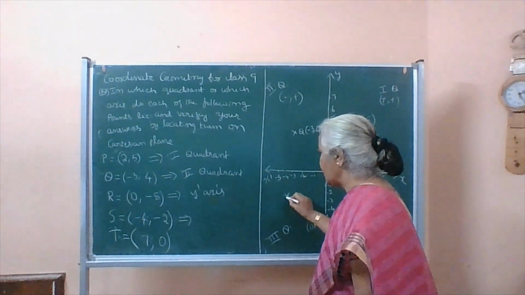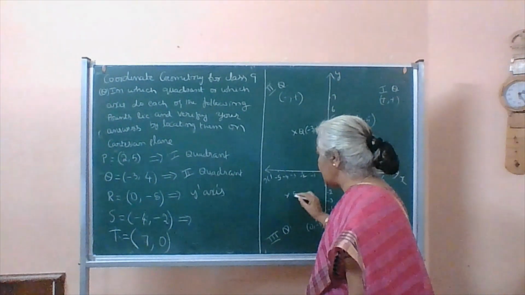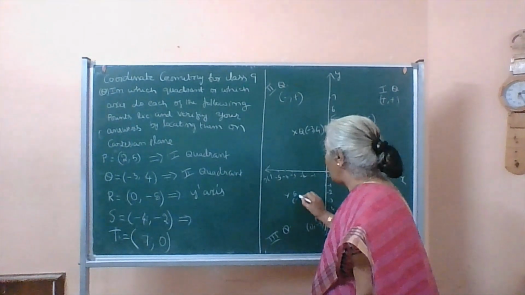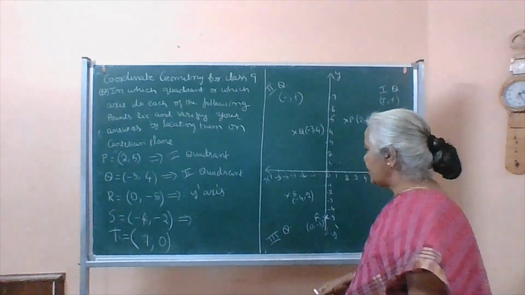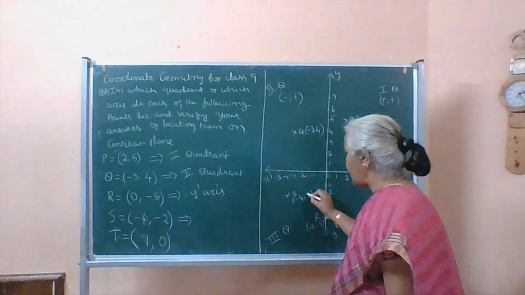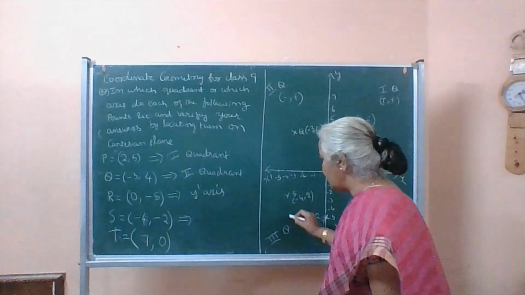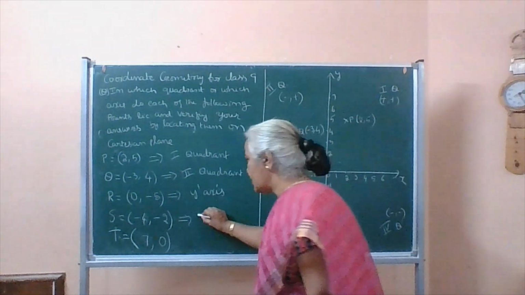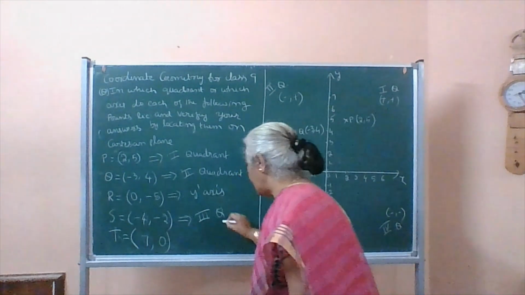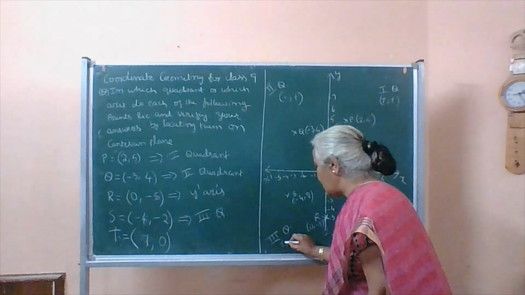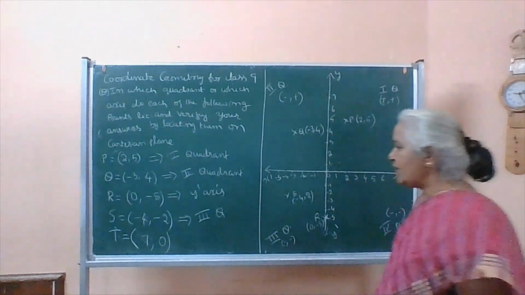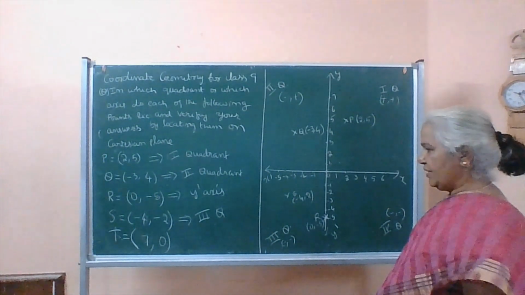Here it comes. That is S. It comes in the third quadrant. Here both are minus. X is also minus, y is also minus.